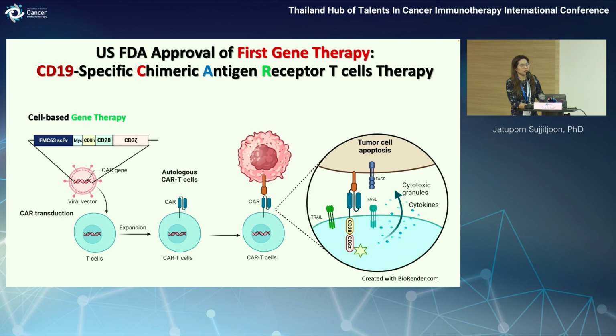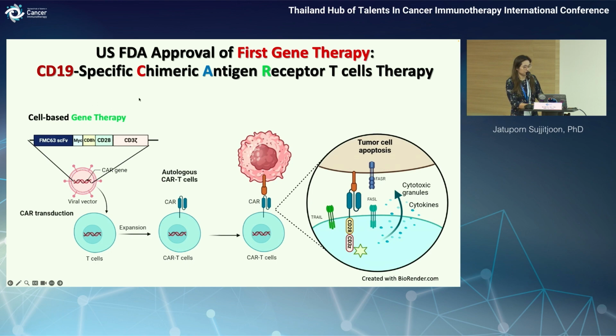As Dr. Tanyawi described to you about the characteristics of CD19-specific chimeric antigen receptor T cell therapy, or CAR T cells, we already know that we have to construct the CAR gene in the vector that we want to use. Usually nowadays we use viral vectors, but later non-viral vector-based systems were developed.